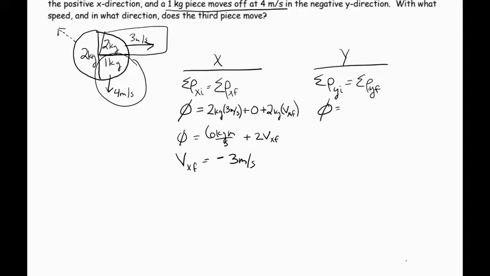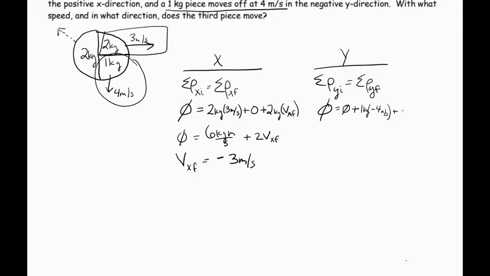And if we look at our original 2-kilogram piece, we know that that's going to end up giving us 0, right? And then plus we have a 1-kilogram piece, and that's moving down. So I'm going to say that that is negative 4 meters per second.